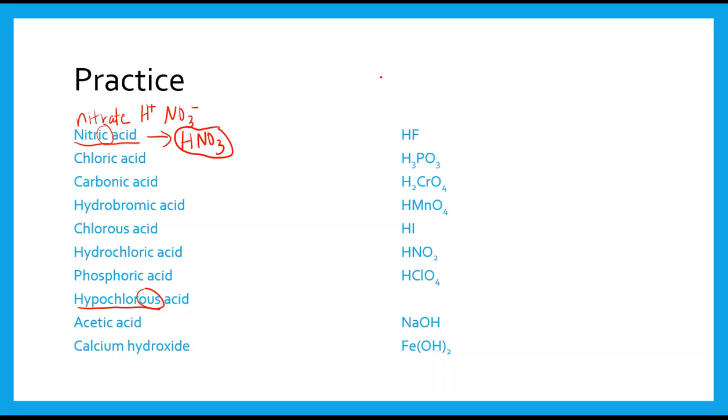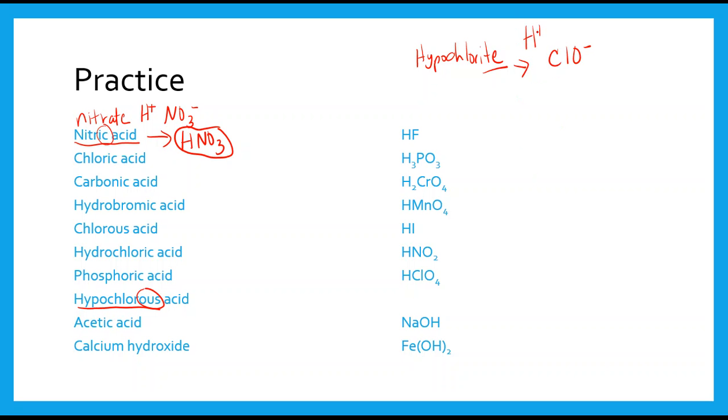So really, I need to go to my table of polyatomics and look for hypochlorite. What is the formula and charge of hypochlorite? It is ClO-. Exactly right.